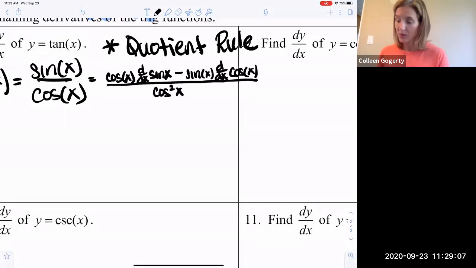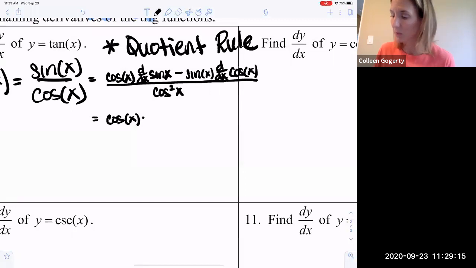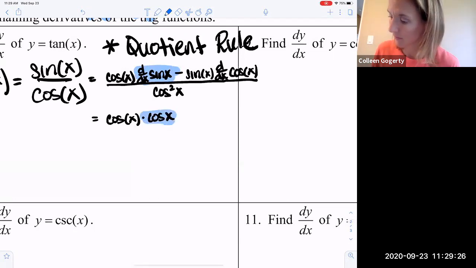Okay, so all right, I'm going to keep going now. So I have cosine x. Now I need to multiply that by the derivative of sine. Well, the derivative of sine is cosine. So the derivative of sine, I'm filling in cosine, minus sine.